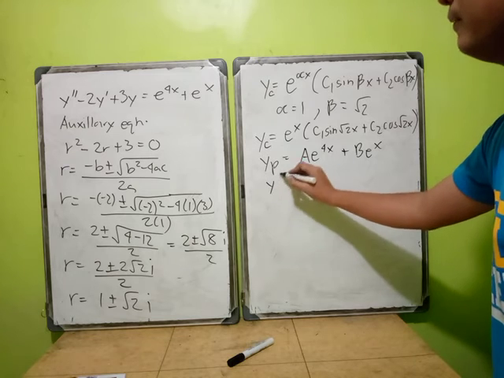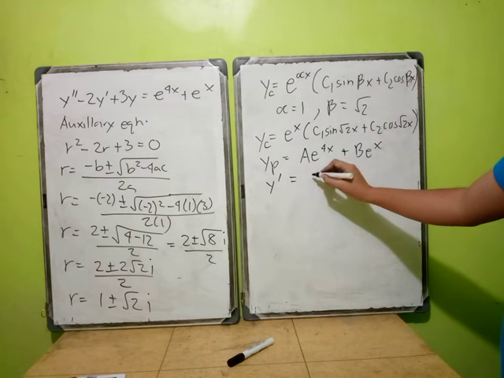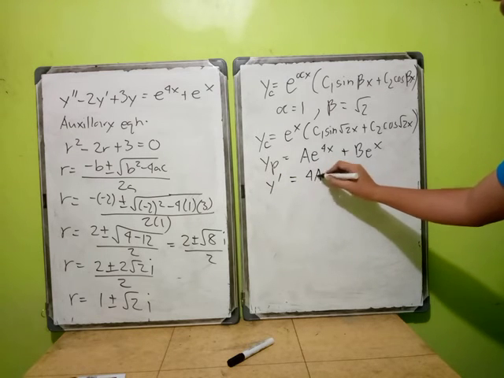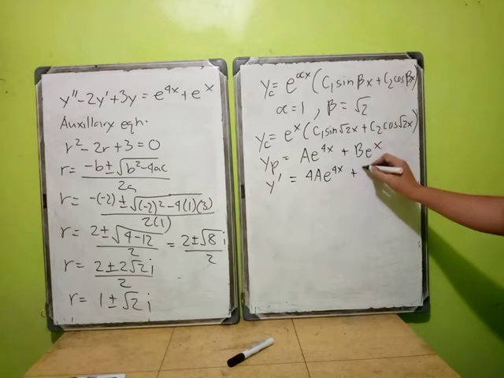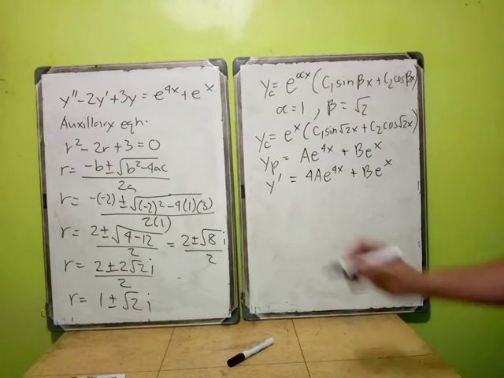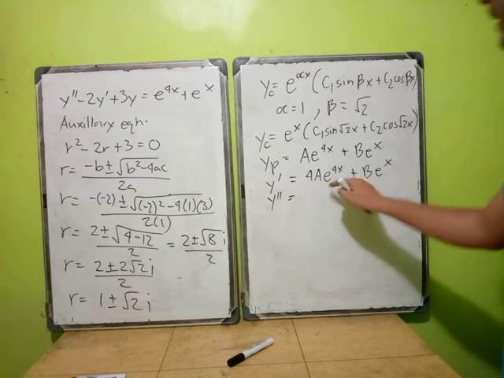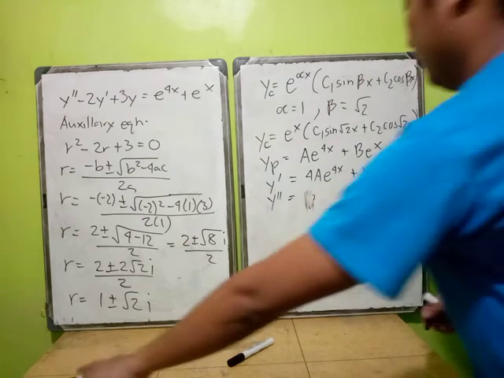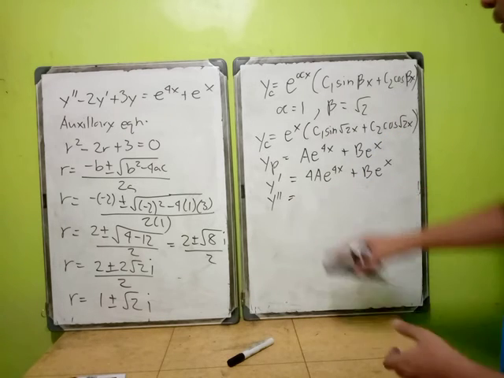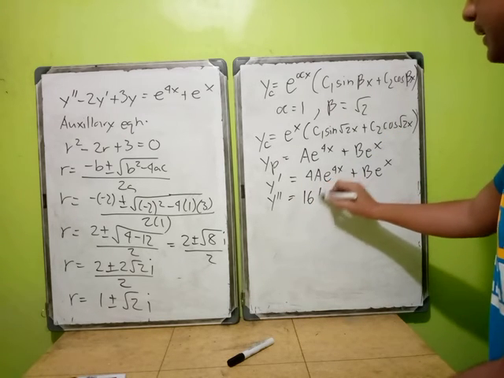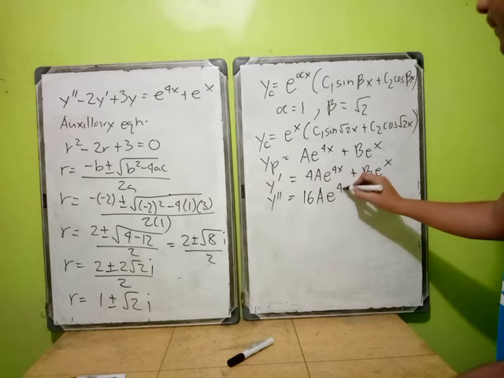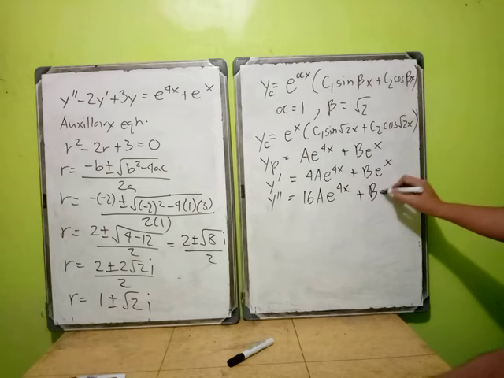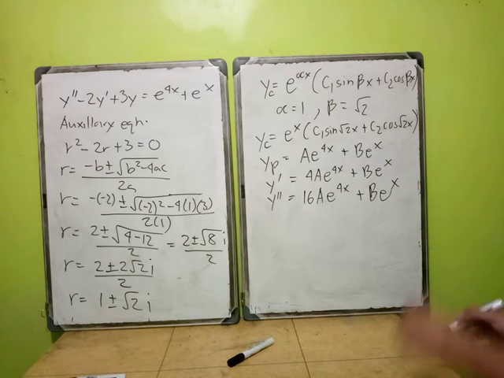So y prime is equivalent to 4a e to the power of 4x plus b e to the power of x. And then y double prime will be 16a e to the power of 4x plus b e to the power of x.